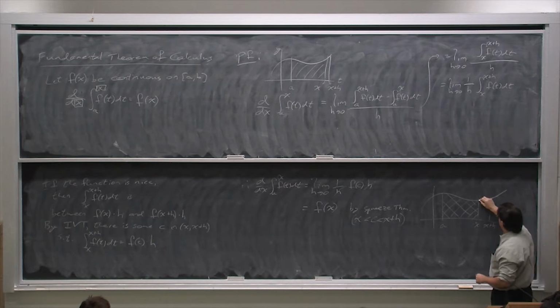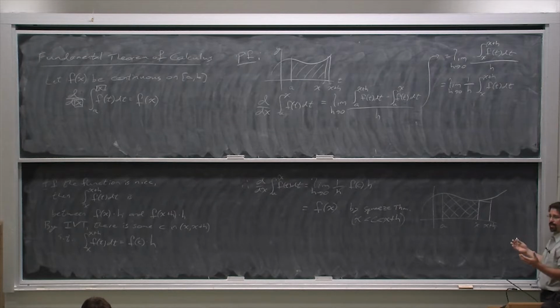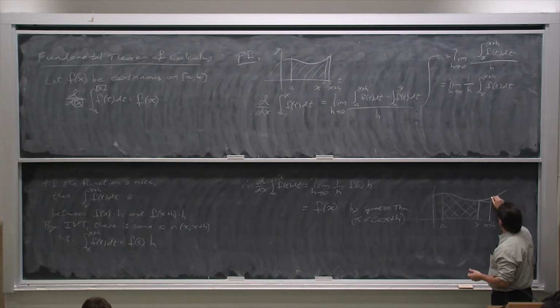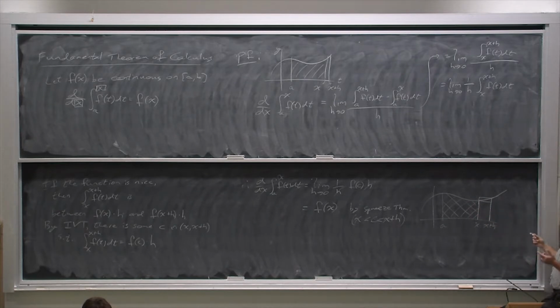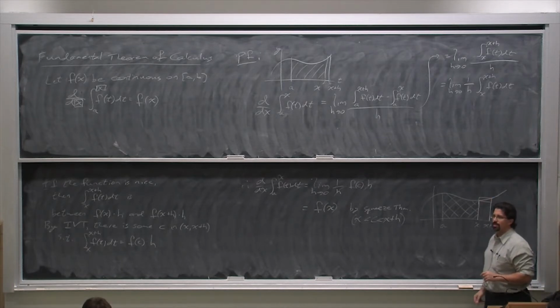So if I took a single left-handed rectangle, then the area of that rectangle is less than the integral. It's less than the area under the graph. If I used the right-hand endpoint, this area is bigger than the area under the graph. So because my function is continuous, somewhere inside, there's got to be a point that's exactly equal.